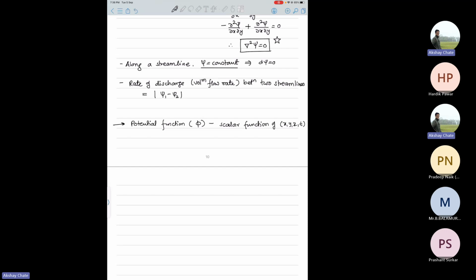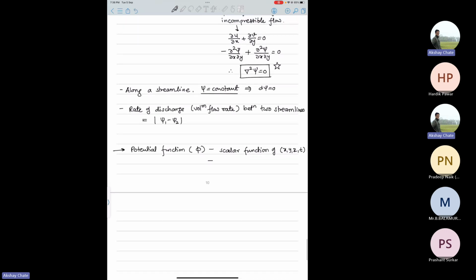But this comes into the picture to define the rotationality of the flow.